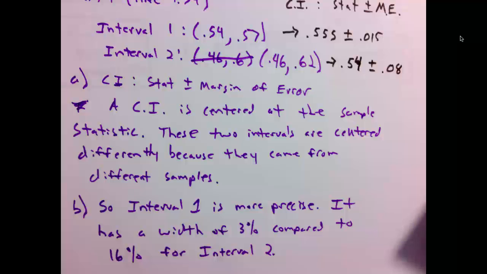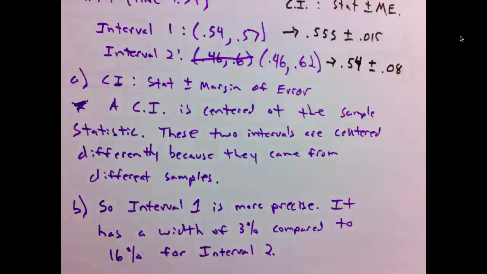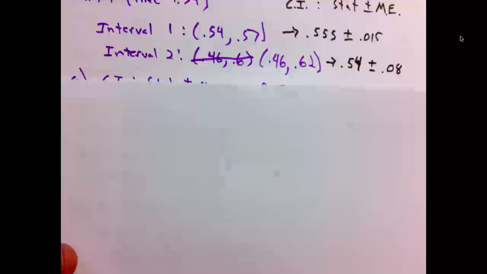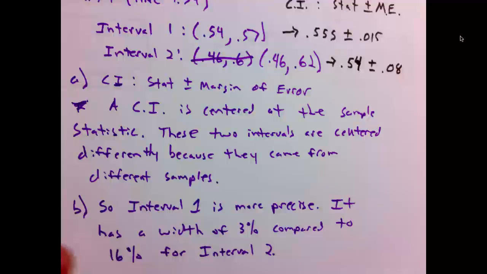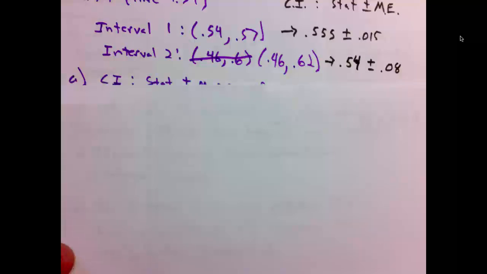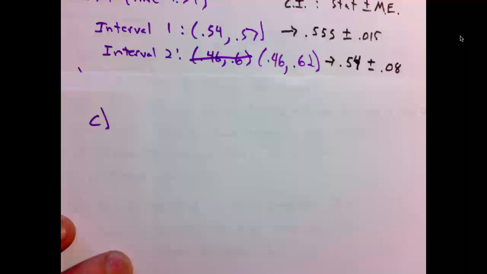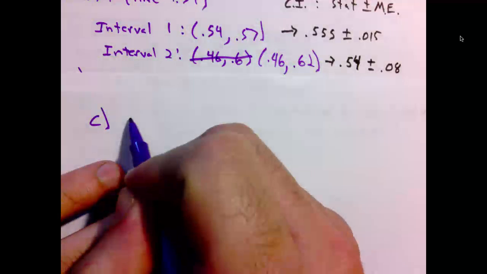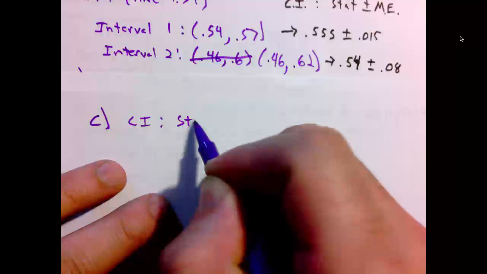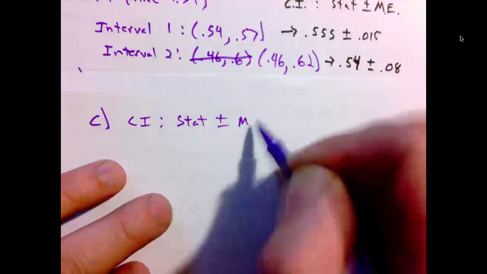Okay. Next, C. C asks us, if both confidence intervals have a 95% confidence level, which confidence interval was based on the smaller sample size? How can you tell? Well, again, our confidence interval is our statistic plus or minus our margin of error.